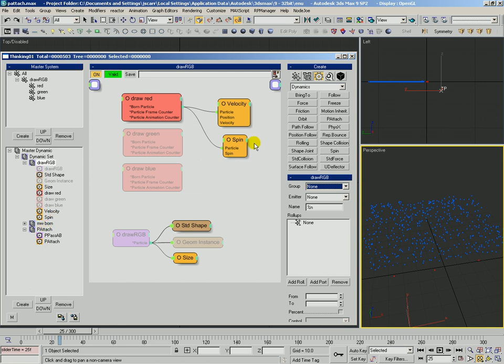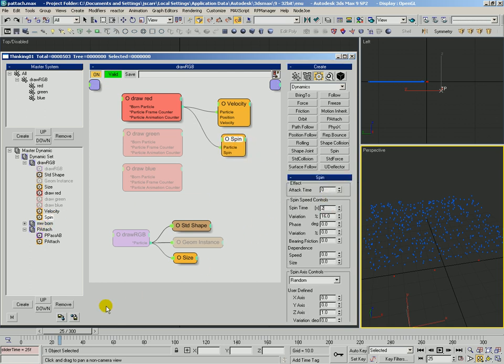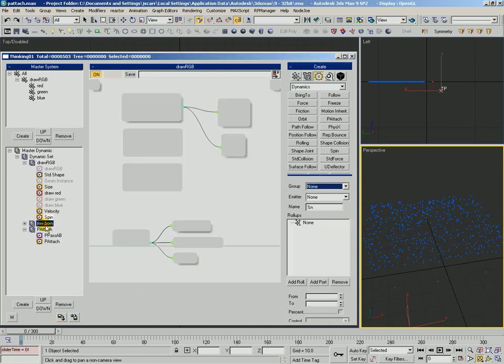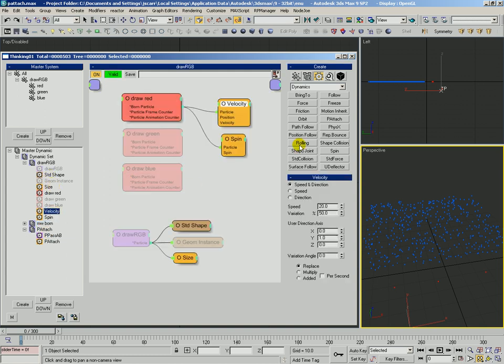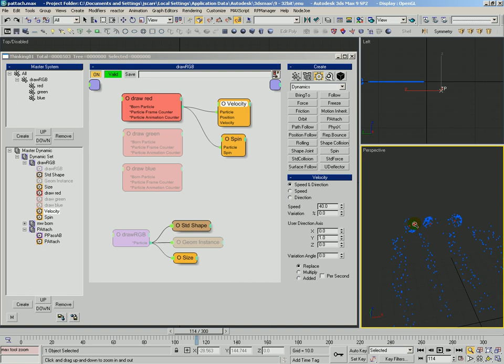Let's go ahead and we'll set that spin to be faster, and we'll also set the velocity to have them move faster. Okay, so this is kind of the effect of particle attach.